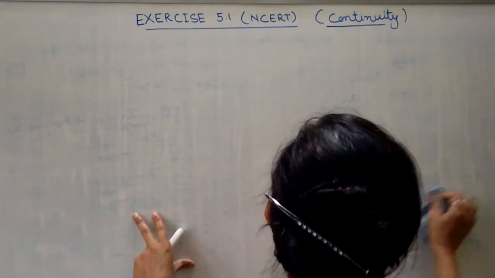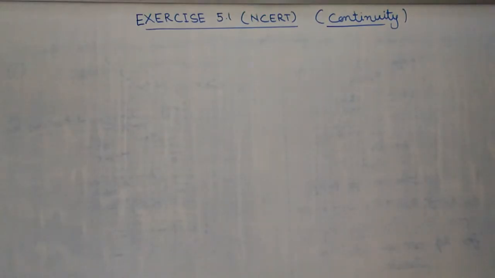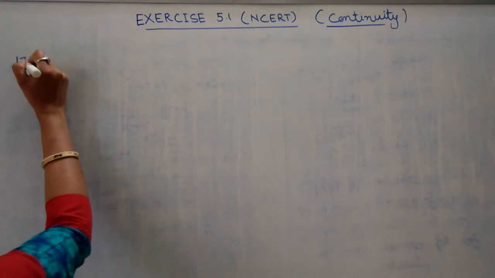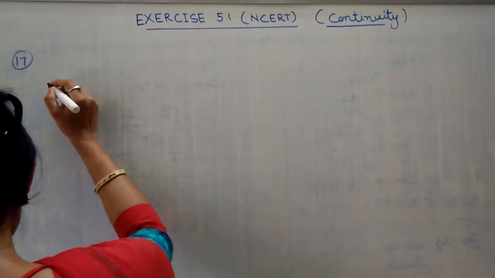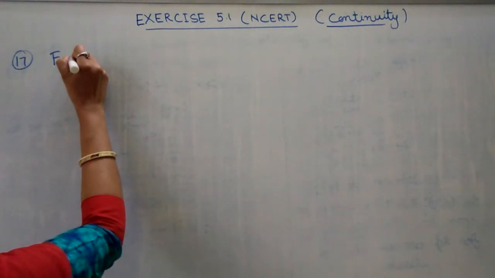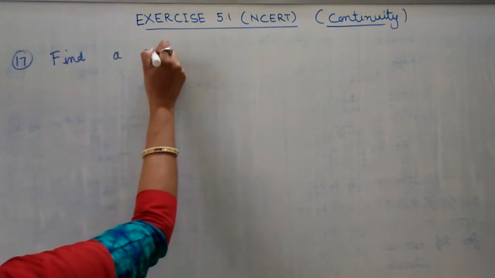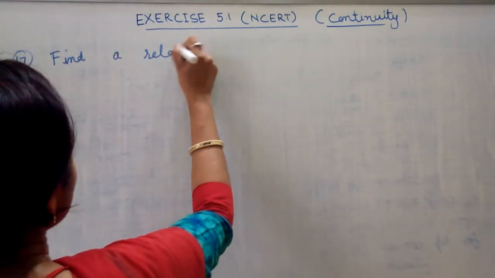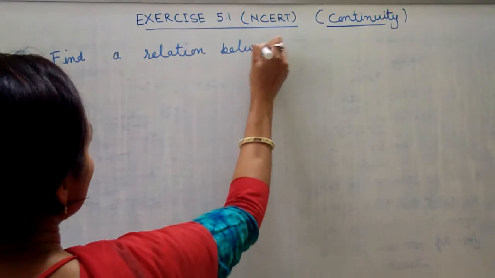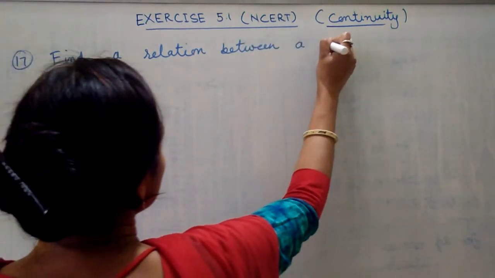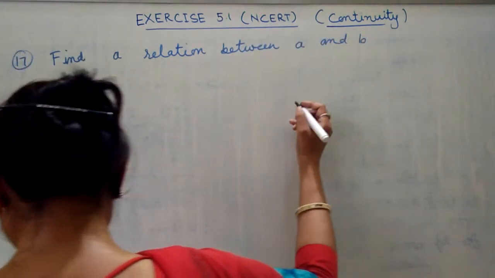Question number 17. The 17th question is different. The 17th question is: find a relation between a and b.